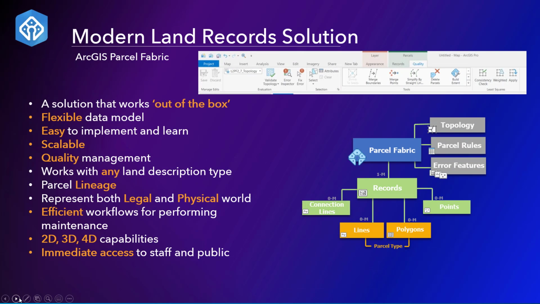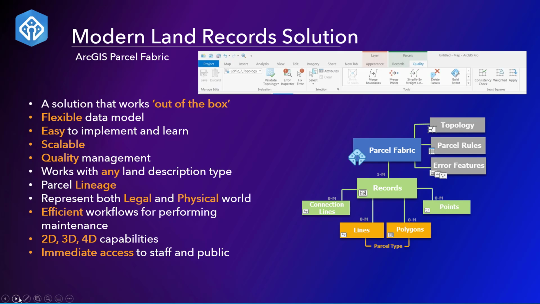So how does the Parcel Fabric provide a solution to meet these requirements? Well, first of all, it is a solution that works out of the box. There's a flexible data model, meaning if you want to call your leases, if you want to call them fee simple properties, easements, whatever the type of land you are managing, you can model and use within the Parcel Fabric.